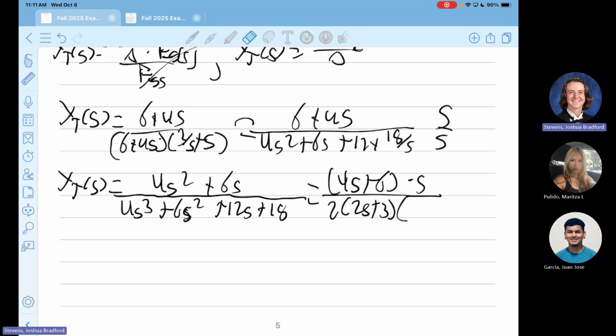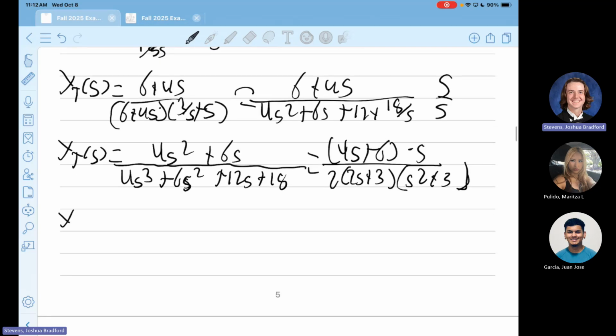Sweet. Like I said, the denominator, what it's going to come out as on your calculator, is 2s plus 3 times s squared plus 3. Well, does anybody see what we could do here to maybe cancel some stuff out? Divide that in half. We could do that.